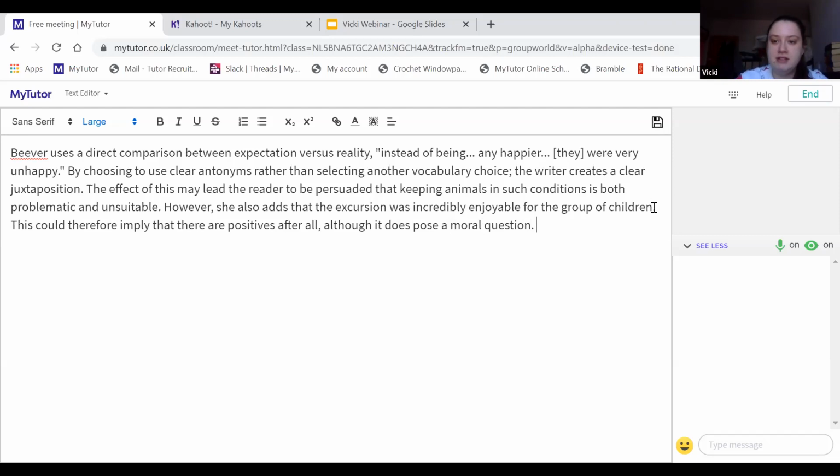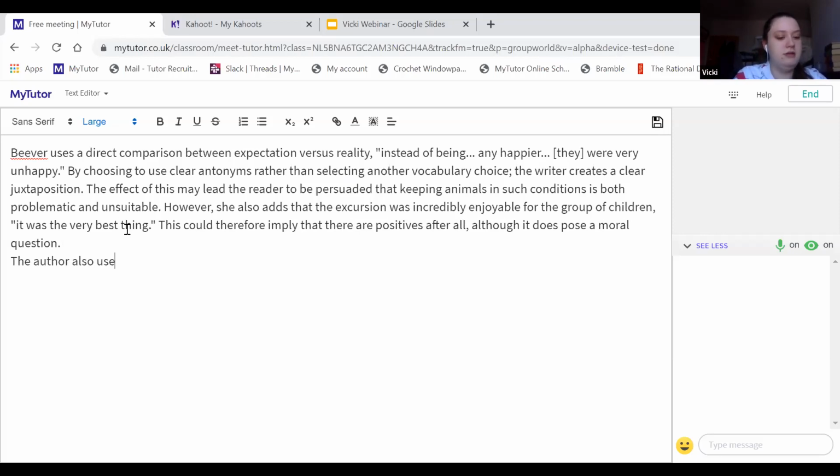Right, I haven't put my evidence here, so I'm just going to quickly pop my evidence in. So it was the very best thing. That needs to go there. Fabulous. Right, next paragraph. So the author also uses direct address. As you might have noticed, I've used Beaver, her actual name, writer and author, just to give some variety.